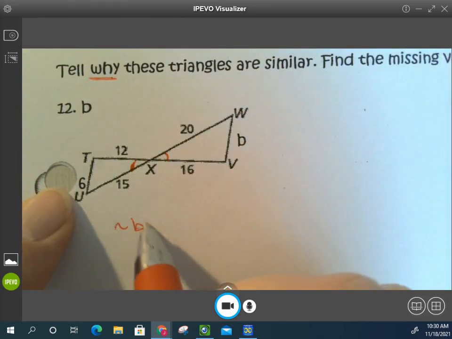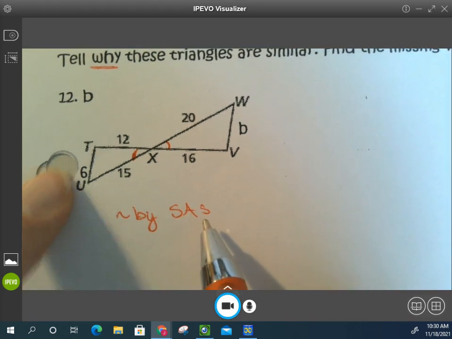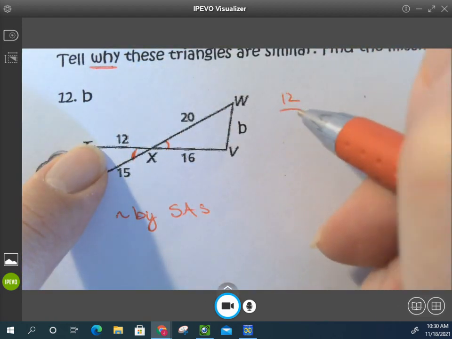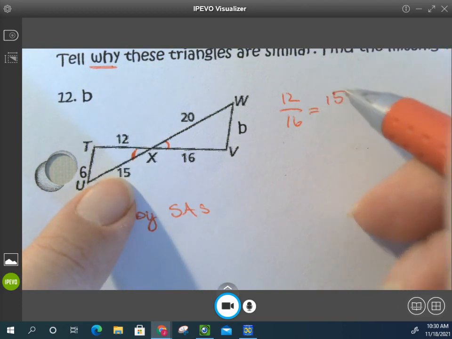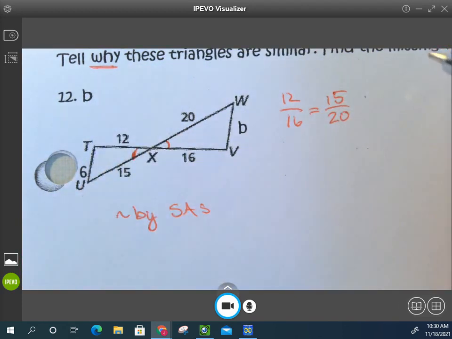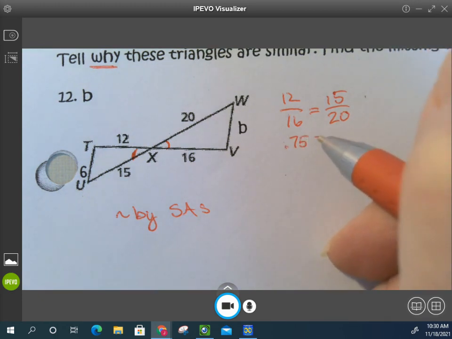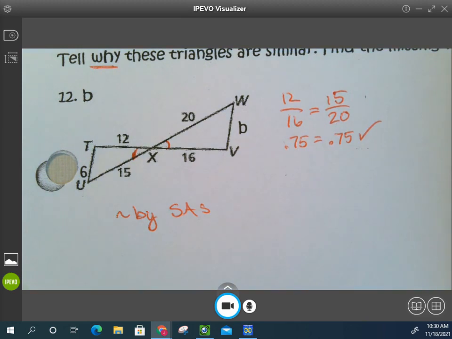So I can say these are similar by side angle side after I prove the sides are proportional. Okay, so the short of these two is 12, and that goes over the short of these two is 16, and that equals 15 over 20. Okay, so go ahead and divide down. We should get 0.75 or 3/4. So I'm content that these are similar by side angle side.